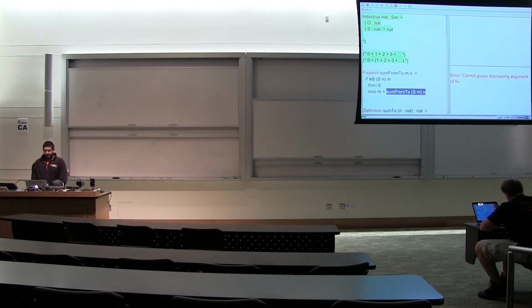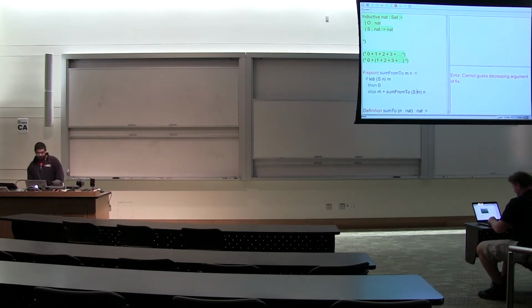So right now we're actually making it bigger because we have sum from 2 m n, and we are making the left argument bigger. And so I think this might go into an infinite loop. You can't write that. And so we need to change our approach to basically do it the other way.